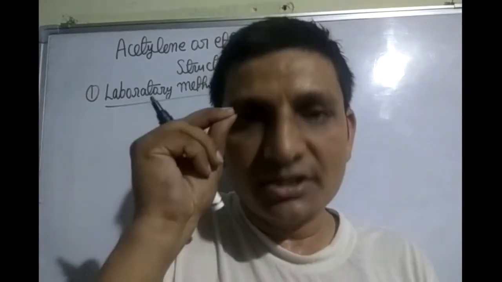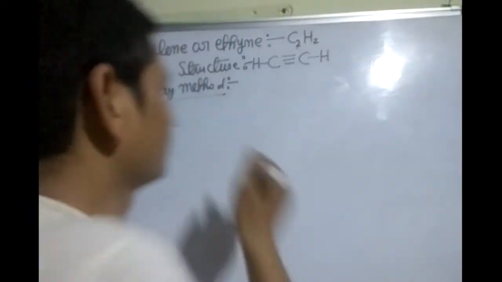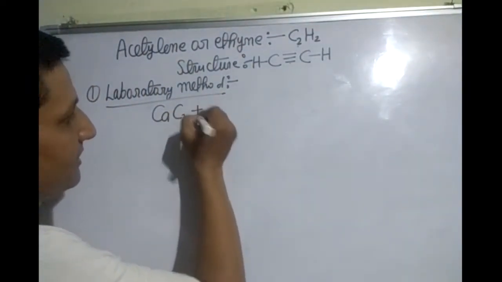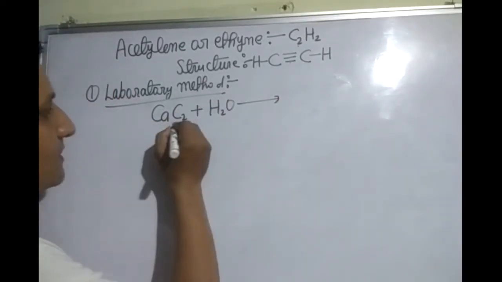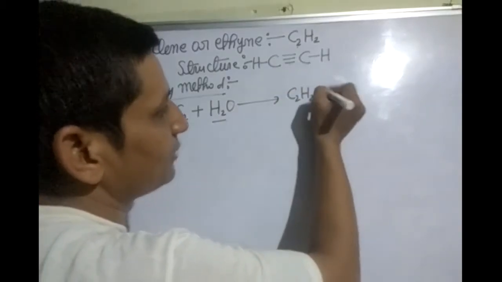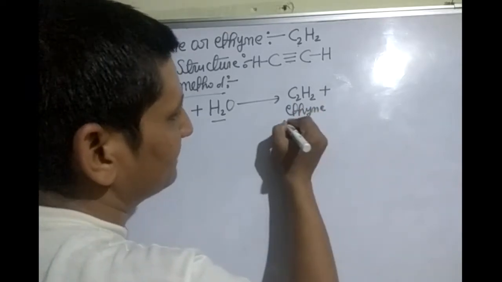Calcium carbide reacts with water to form C2H2, ethine. Ethine is the IUPAC name, its common name is acetylene.